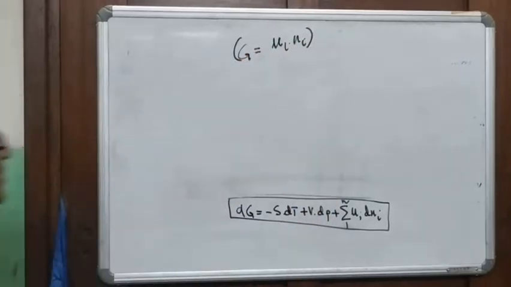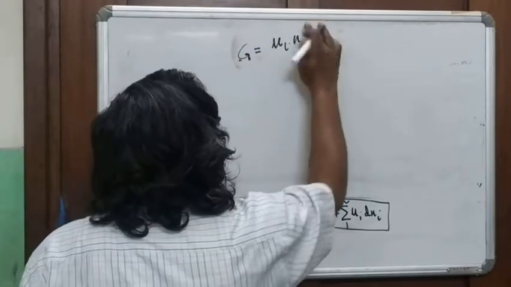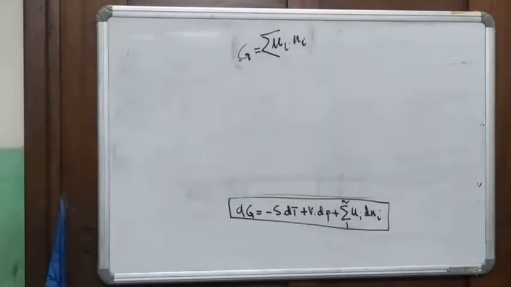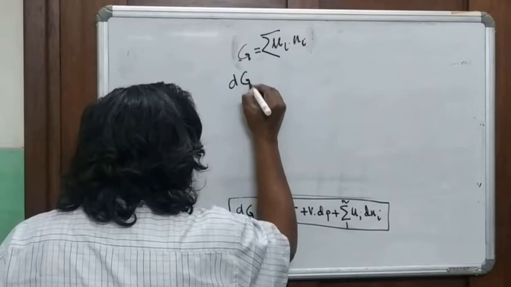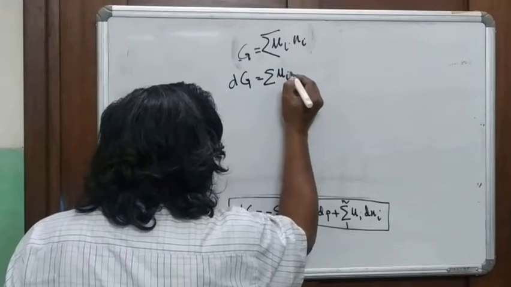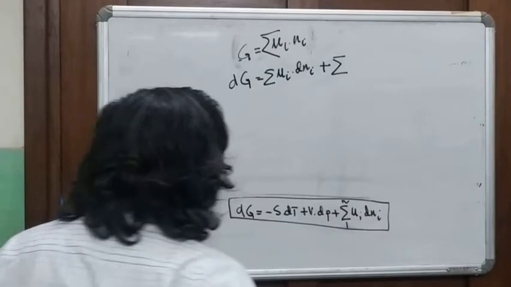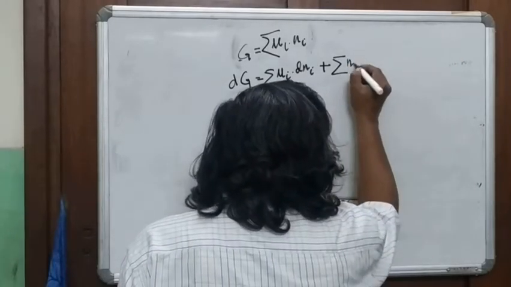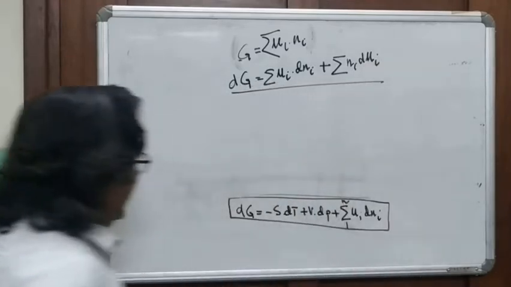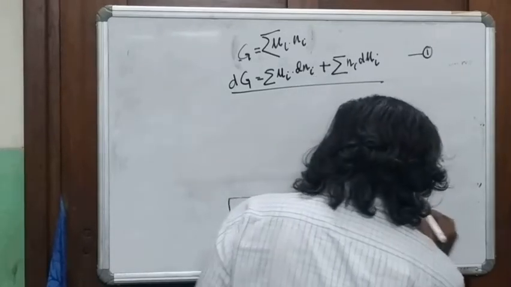This is G. So if I now find the derivative equation, dG is equal to sigma mu I dni plus sigma Ni d mu I. This is another relationship.